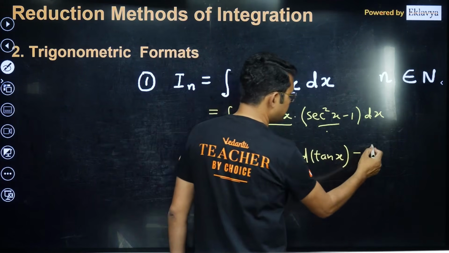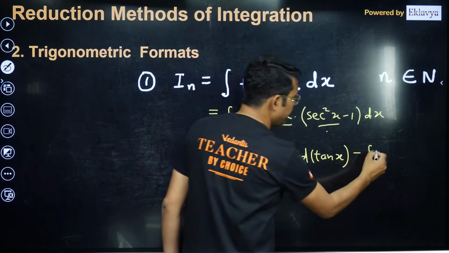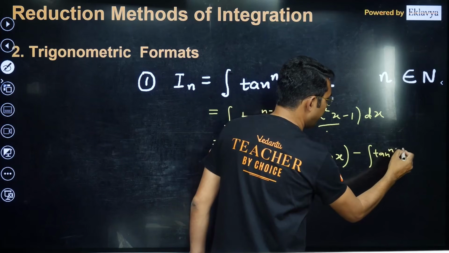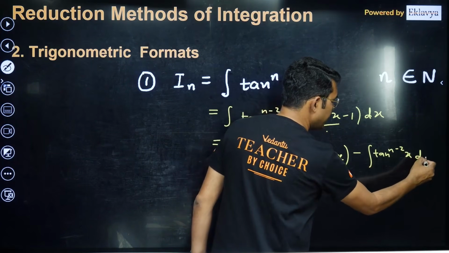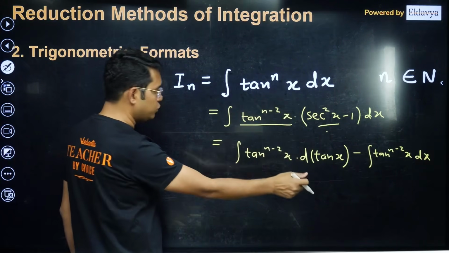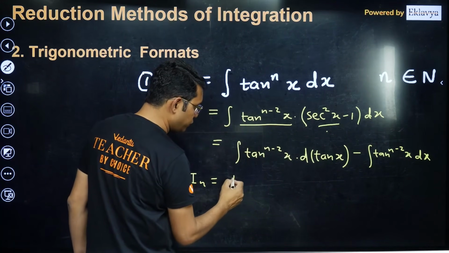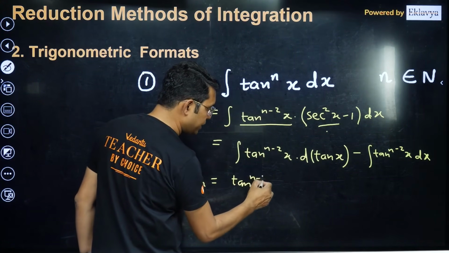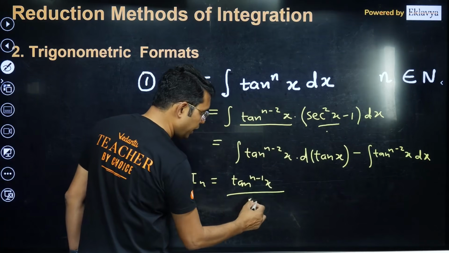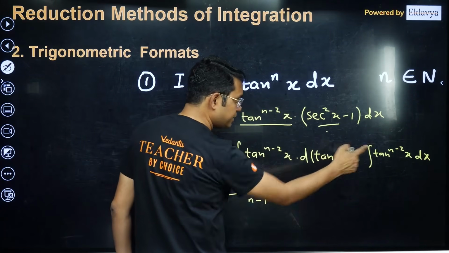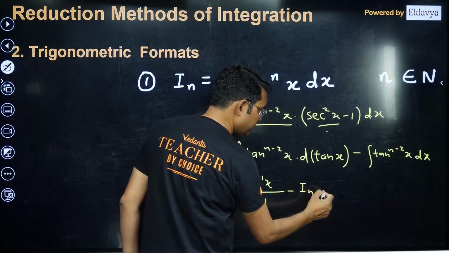Okay, minus the thing that is remaining, that is tan power n minus 2 x dx, can be written as In minus 2. So I have got In as the integral of this would be tan of n minus 1 x upon n minus 1 minus this is In minus 1.